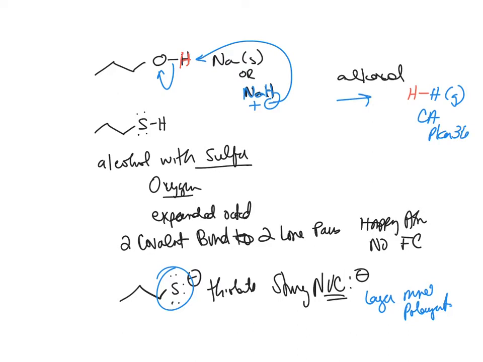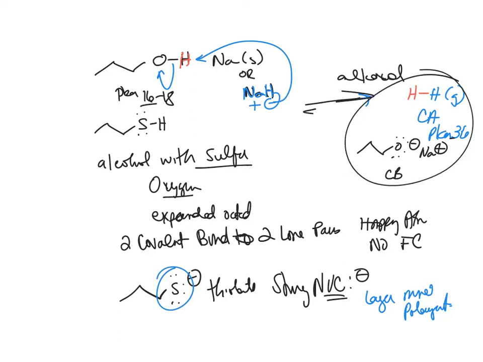And then you also get your conjugate base here. And that's how you make an alkoxide. And so what's the pKa of an alcohol? Between 16 and 18. So the difference between 16 and 36 is about 20 zeros to the product side. And you would do the same thing if you needed to make a thiolate. And those are great nucleophiles.